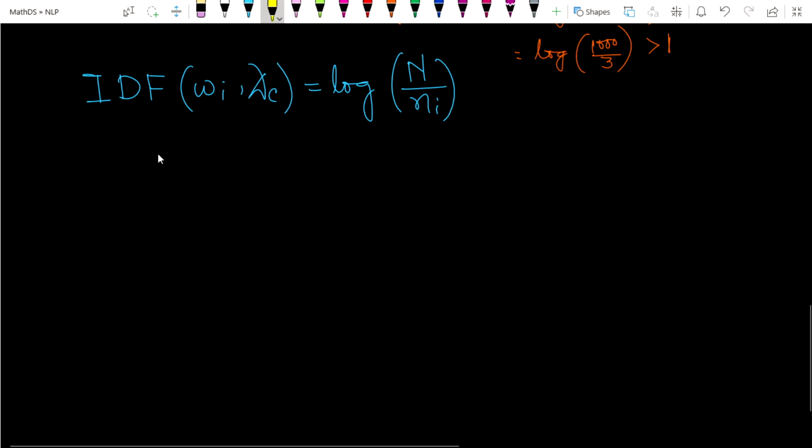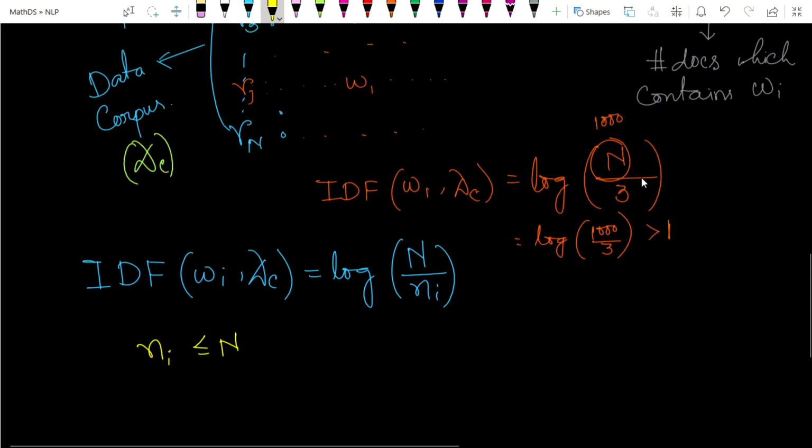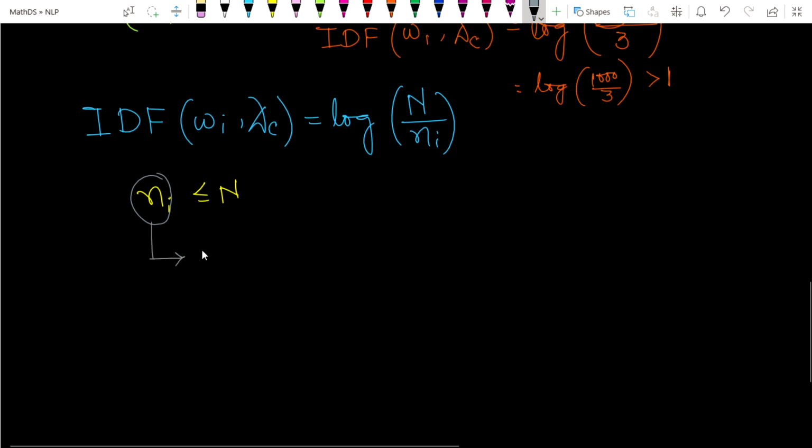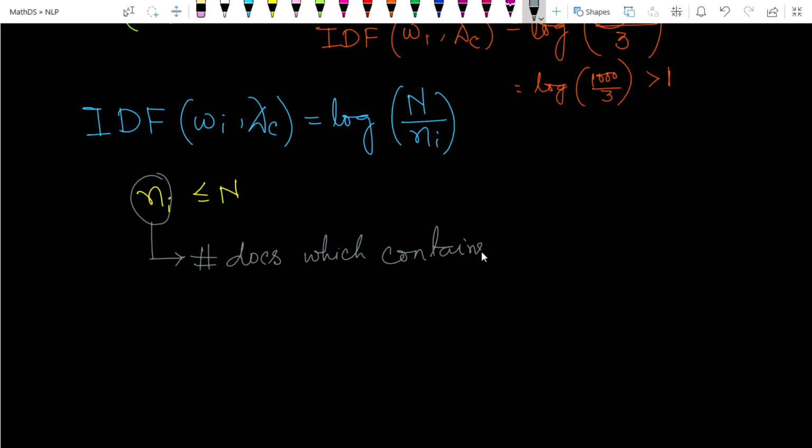Now the thing is that small ni must be less than or equal to capital N. Just see it. Small ni means the number of documents which contain the particular word wi.